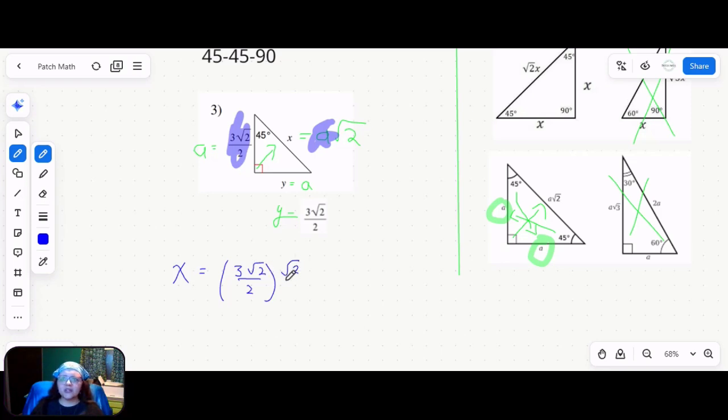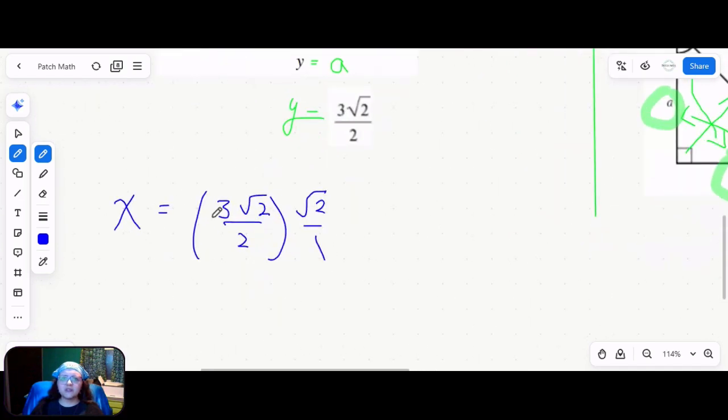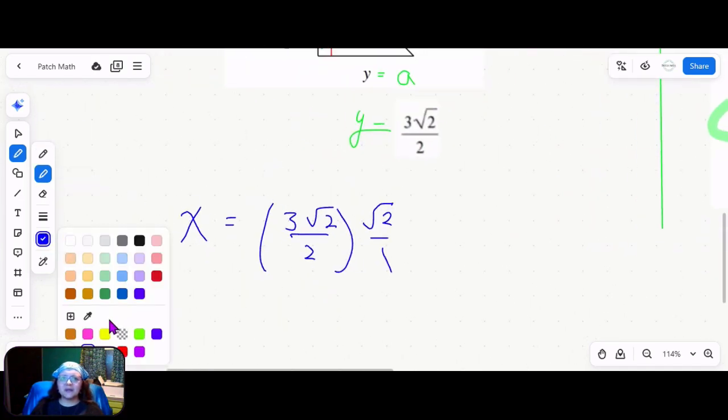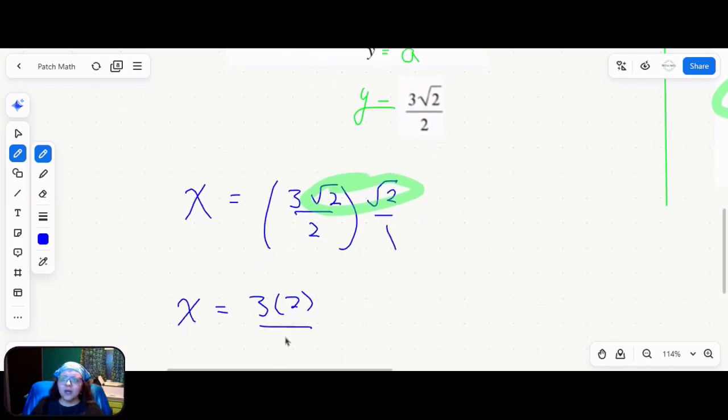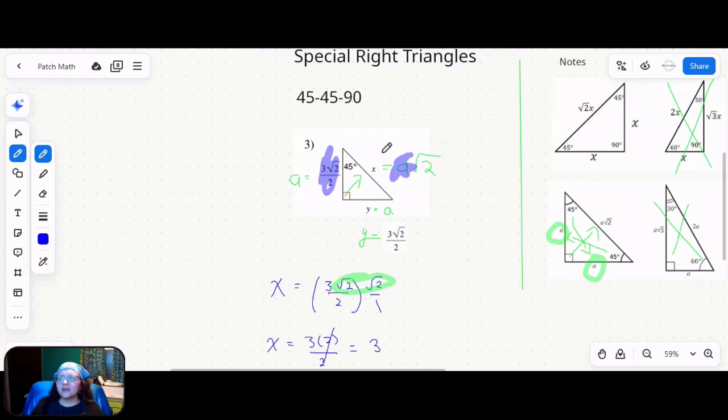Because this is a fraction, I'm going to make this a fraction too. I like multiplying fractions by fractions. We can make any number a fraction by putting it over 1. Radicals have this property: if you multiply a square root of 2 by a square root of 2, the square roots go away and we're left with 2. So this is 3 times 2 over 2. We can simplify in a variety of ways, but I'm going to let these 2s cancel. So x must equal 3. That means our hypotenuse is equal to 3.